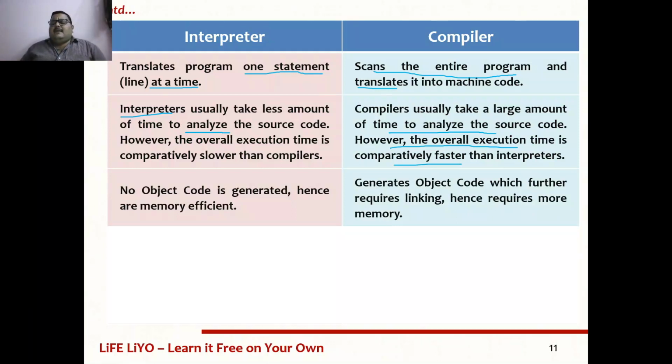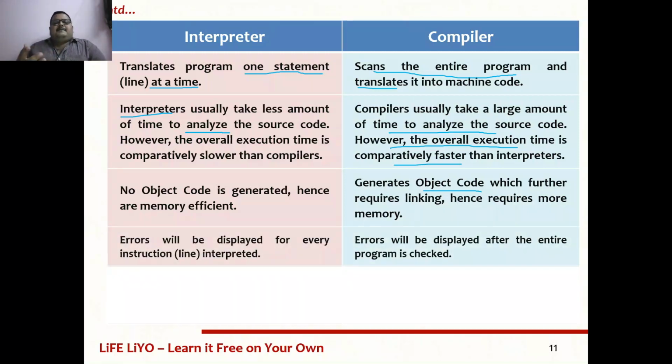Now, in the interpreter, there is no concept of object code. That is, it doesn't create any object code files. But the compiler will generate the object code. That means after the object code has been generated, it should be linked to our memory using the linker.